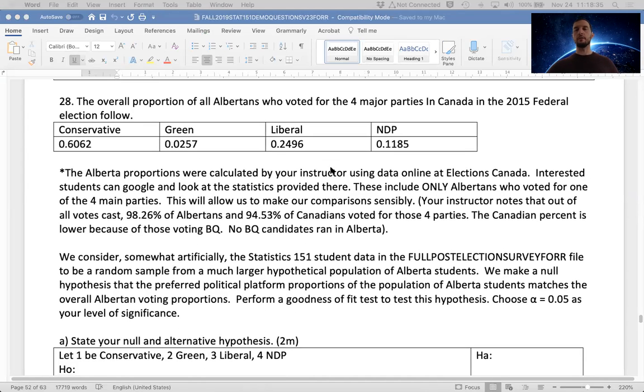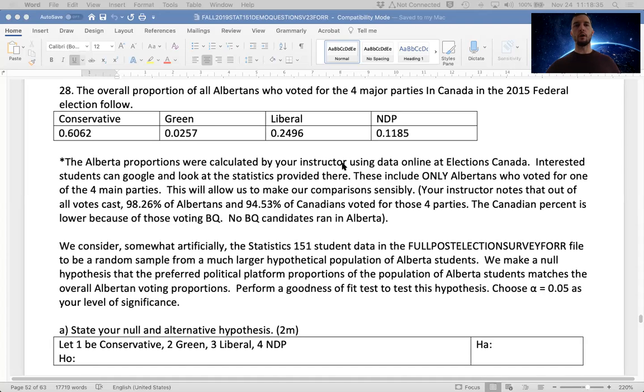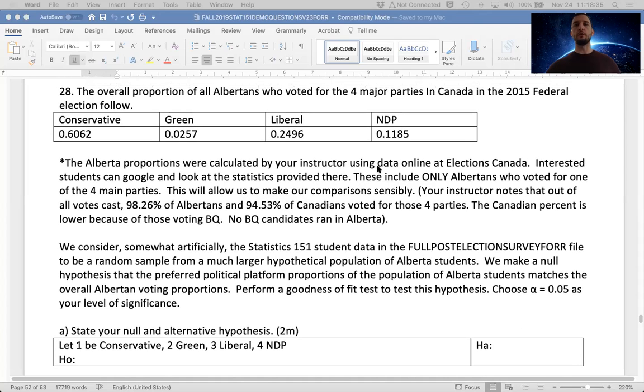Okay, so exercise 28 states the overall proportion of Albertans who voted for the 4 major parties in Canada in the 2015 federal election follow below. So we have Conservatives, Green Party, Liberal, and NDP. And then we have the proportion of people in Canada that voted for these parties.